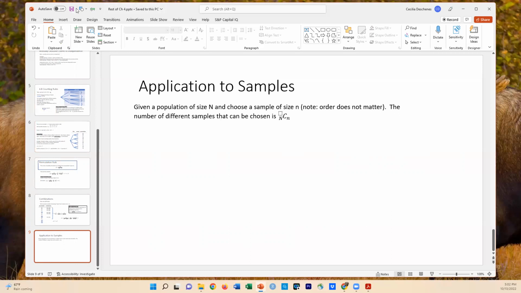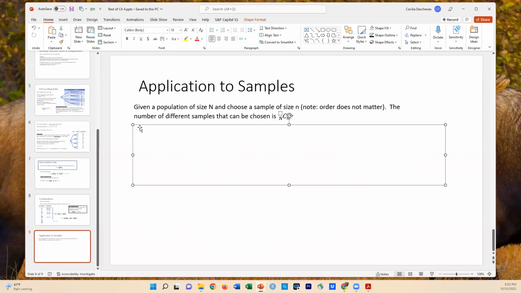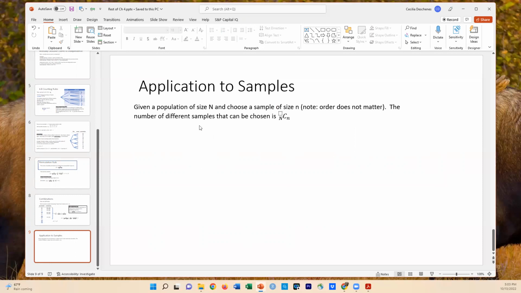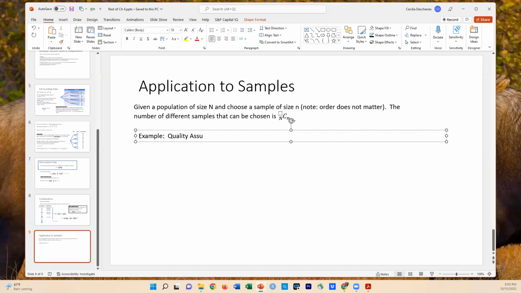All right, so let's do an example of this. Consider the quality assurance department for TV sets, let's say at LG or something.